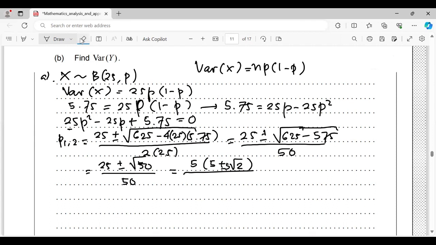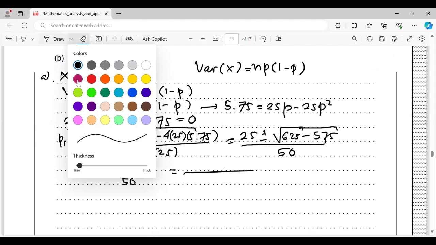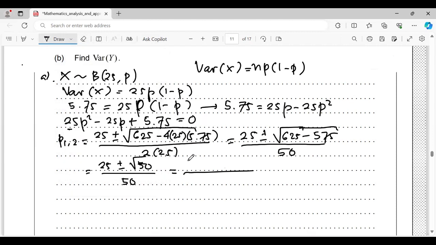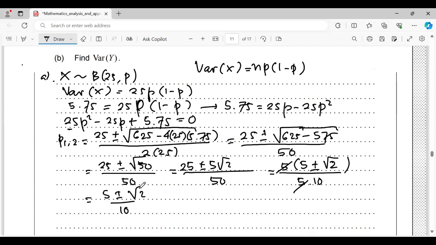It becomes 5 plus or minus square root 2 over 10.